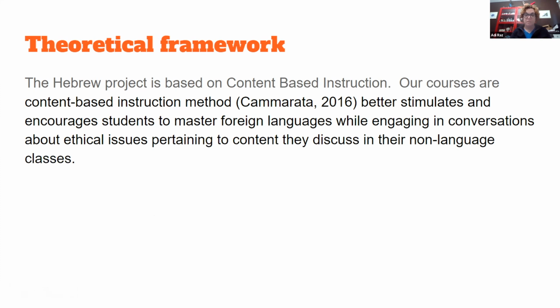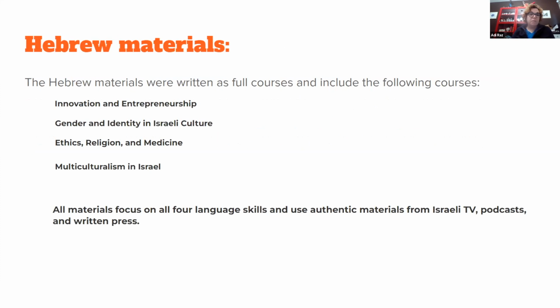Okay, so the materials we wrote as part of this project, which was myself, Renana Schneller, and a third person, Avital Karpman from the University of Maryland. We wrote 4 full courses, which included the following topics: innovation and entrepreneurship, gender and identity in Israeli culture, ethics, religion, and medicine, and multicultural Israel.